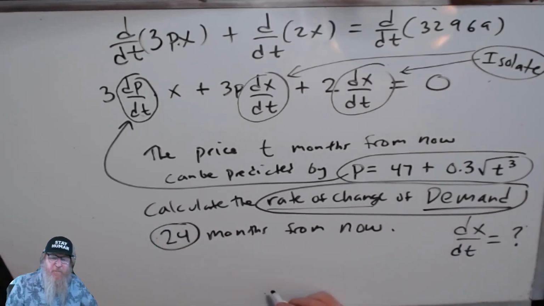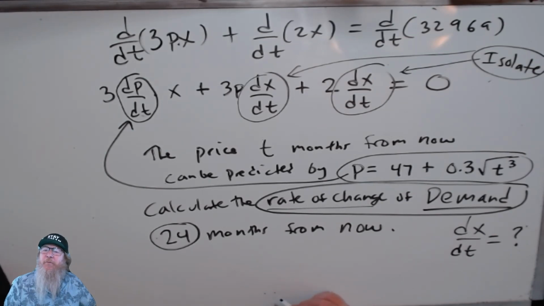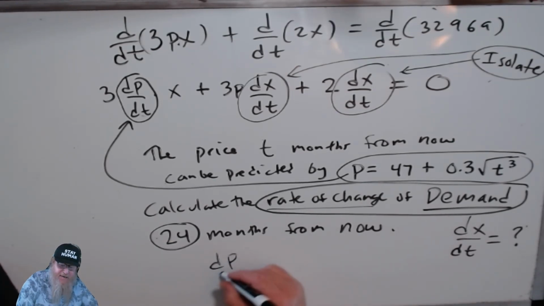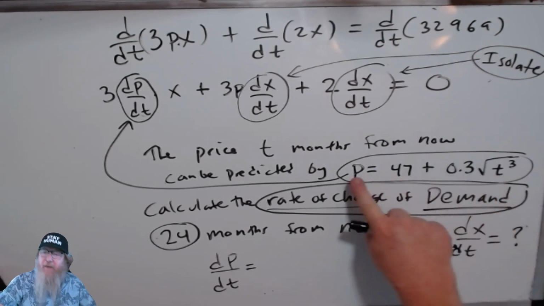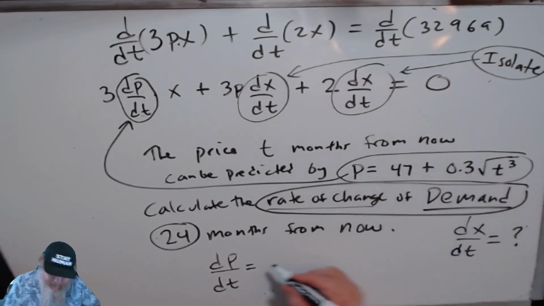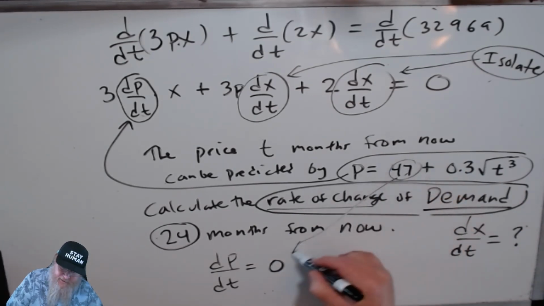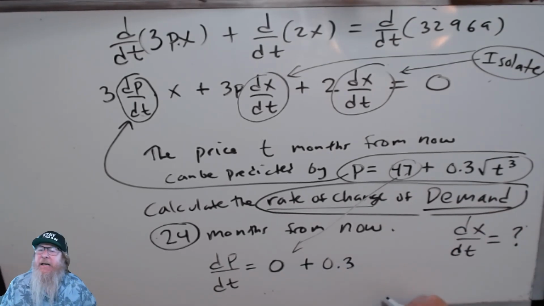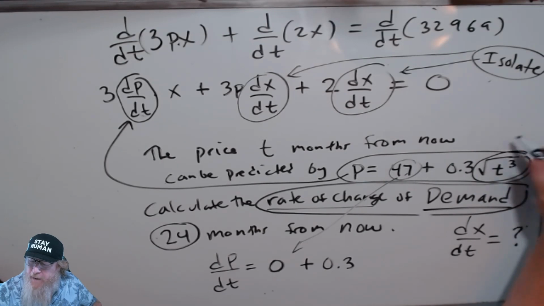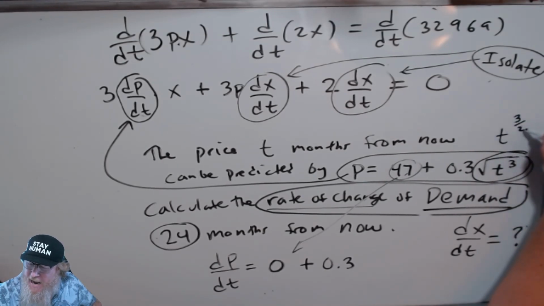So 24 months from now, we want to know the demand, right? And the demand is going to be dp dt. Well, we want to know how the price is changing 24 months from now. So the derivative of 47 is 0, plus 0.3, and then this is one of those square roots with a power, so that's t to the 3/2.